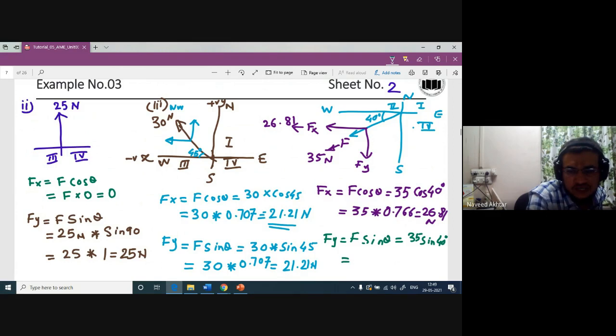Sine of 40 you can find from the calculator, that is 0.642.